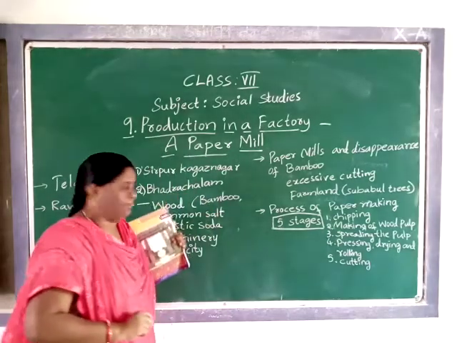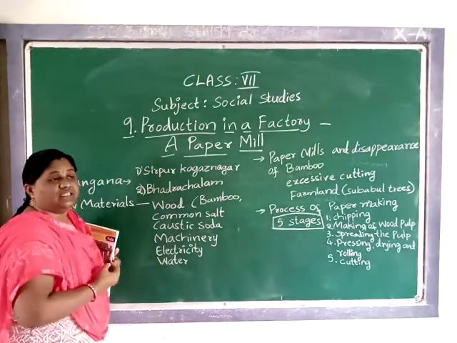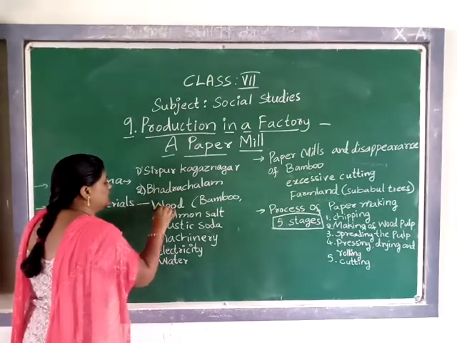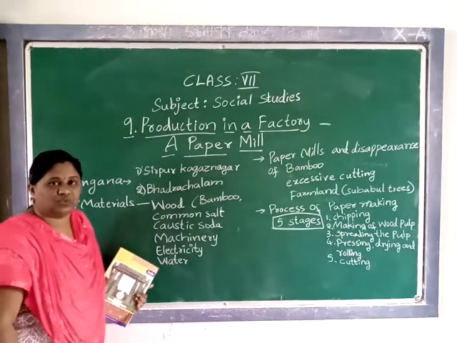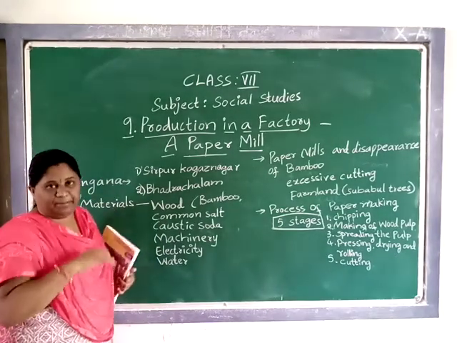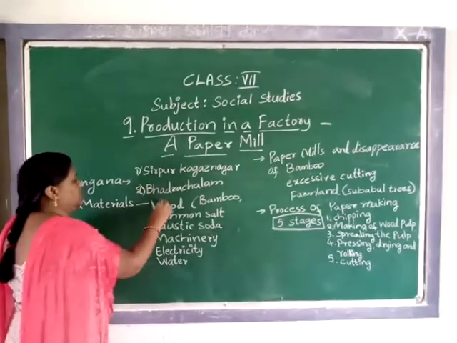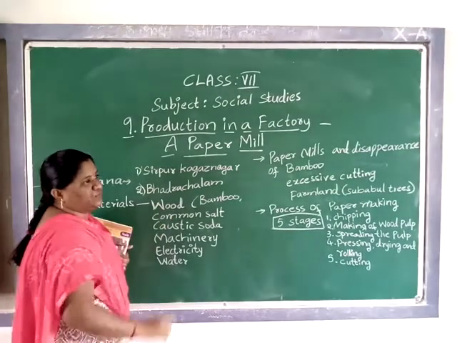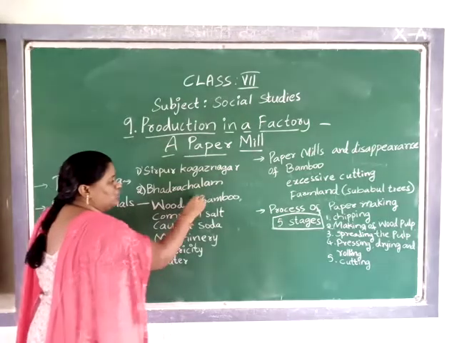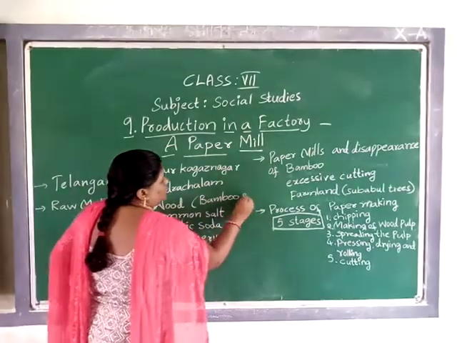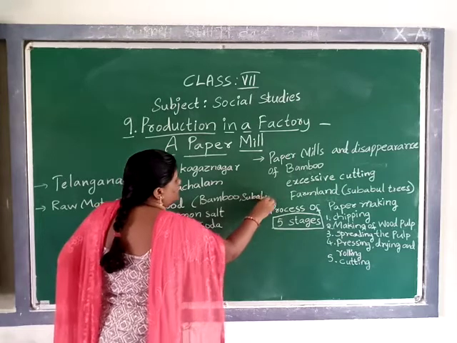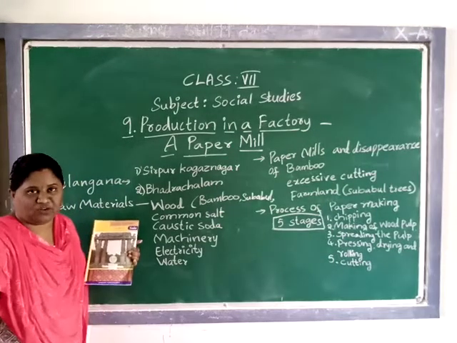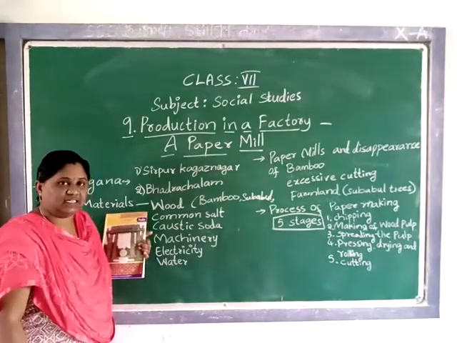For making paper also, what raw materials are useful? The first compulsory and main raw material is wood: bamboo wood, subabul trees and eucalyptus trees used as raw material.